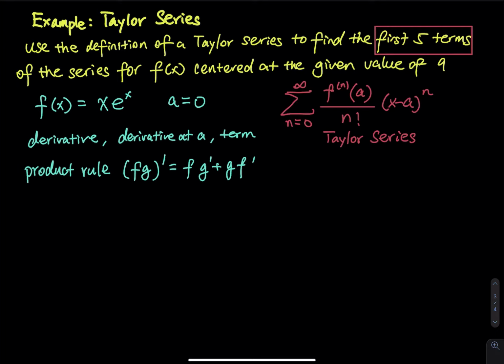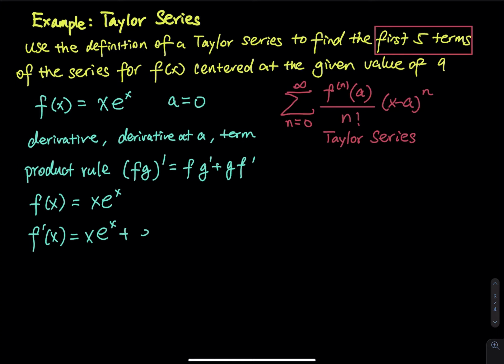Okay, let's start. The first one is f of x, so we don't need to take any derivative. Just f of x equals x times e to the x. And then the second one, f prime of x, is equal to x times the derivative of e to the x, which is e to the x. I am happy that there is no chain rule in here.